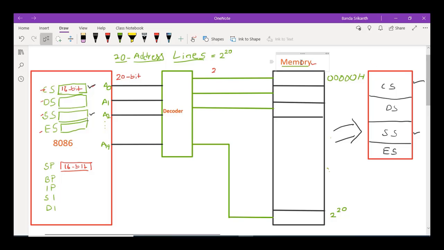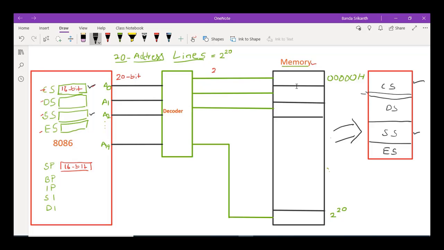Since the memory is partitioned into 4 different categories, that's why we are having 4 segment registers to provide the base address. Base address means the starting address of the segment. So say this one is the starting address.